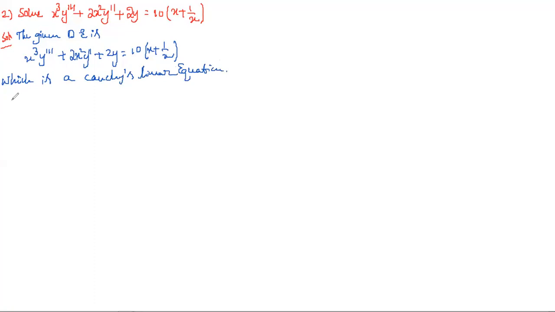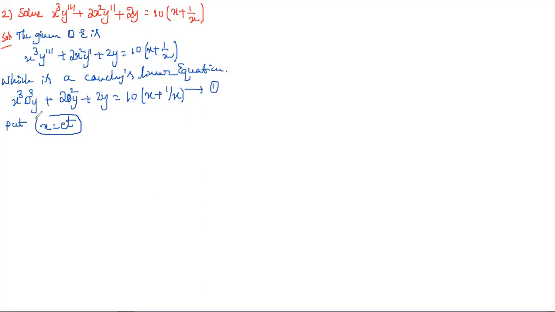If you write it in operator form, we get x cube d cube y plus 2x square d square y plus 2y is equal to 10 into x plus 1 by x. Now for converting into a linear differential equation with constant coefficients, we put x is equal to e power t, so t is equal to log x.